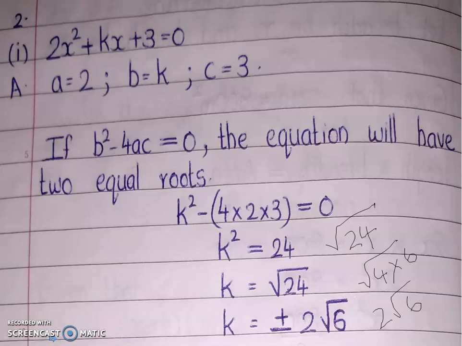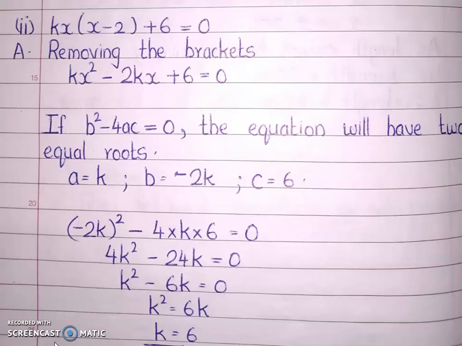The next one. The same question. Find the value of k for each of the following quadratic equation so that they have two equal roots. Kx into x minus 2 plus 6 equal to 0. If you see a bracket, first remove the bracket.